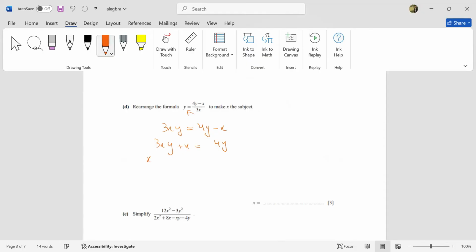Now take x common. 3y plus 1 is equal to 4y. X remains on the left. This bracket is multiplying. So 3y plus 1, that is our answer for this. Hopefully clear. Let's move on.